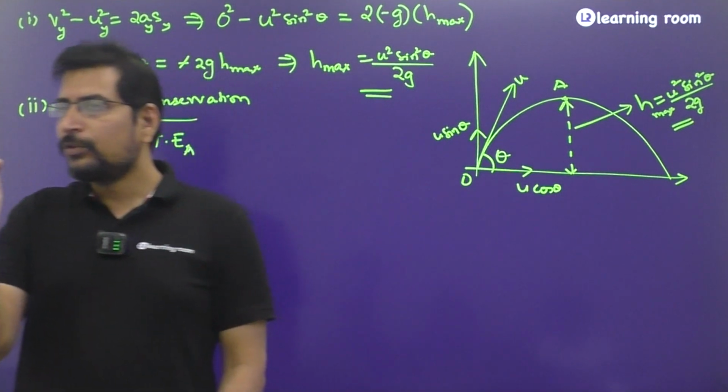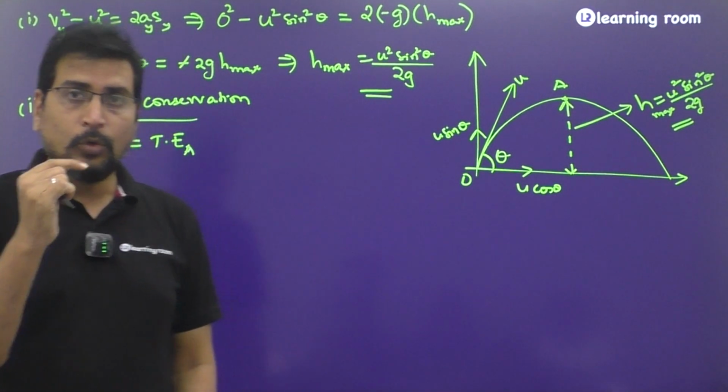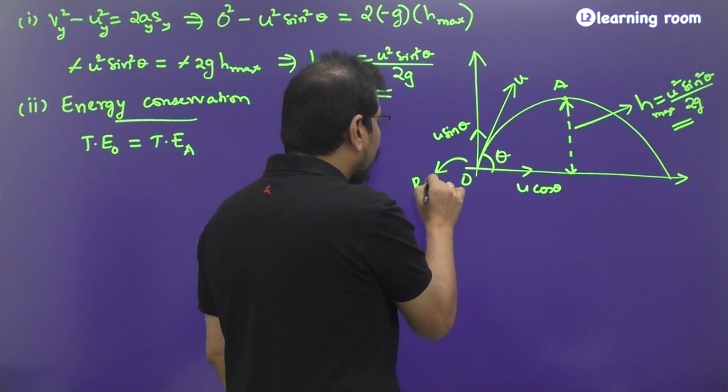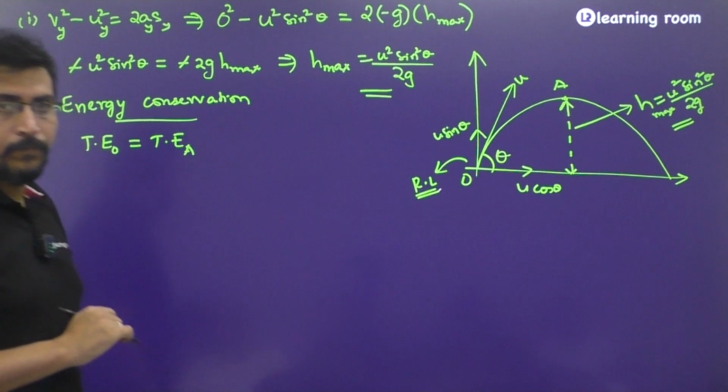What is the energy possessed by the object at point O, if I consider the base to be the reference line, because for potential energy I need the reference line?